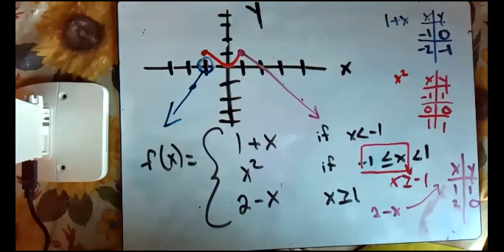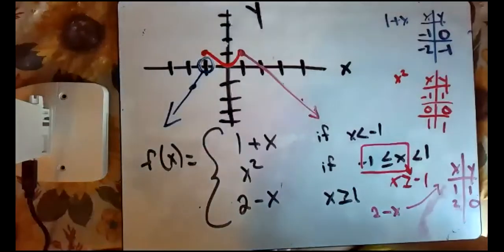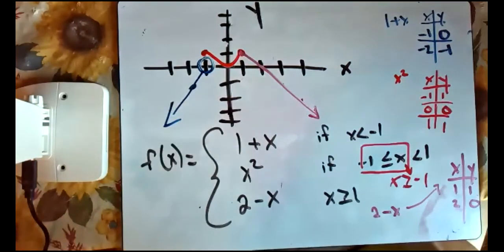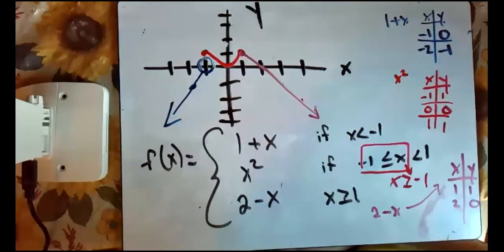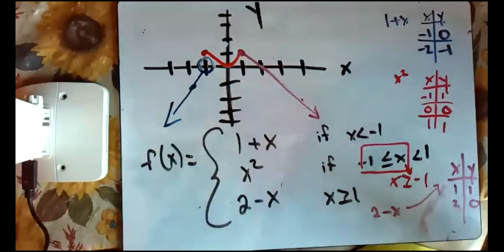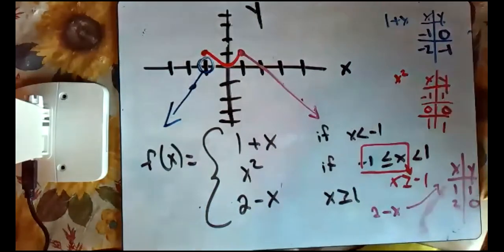And remember, our directions were asking to determine the values of a for which the limit does not exist. So remember, for a limit to not exist, what has to be true? We have to have two different y values as we approach a particular x value from both sides, right? So you're thinking, how do I do that? Where do I even look for that?